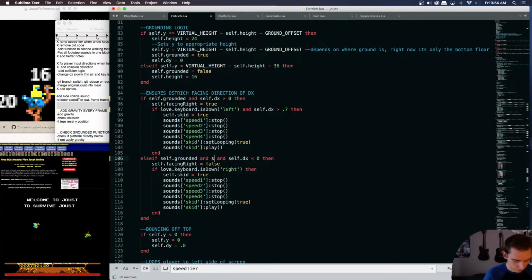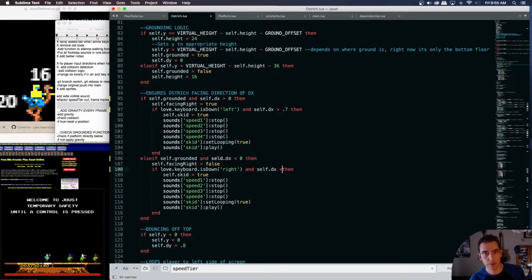Then if self dx is smaller than 0, negative number, then set the way it's facing, and then also making sure that self dx is smaller than, is that right?